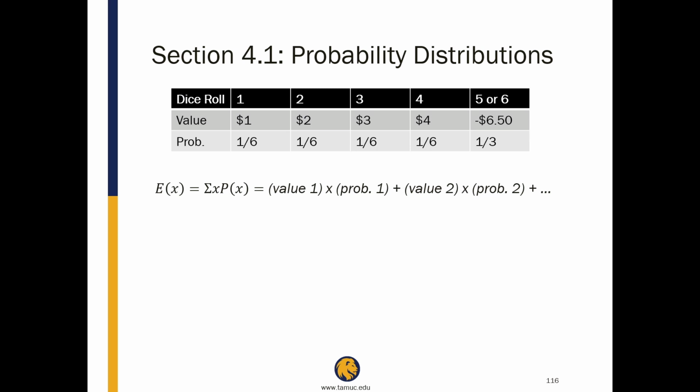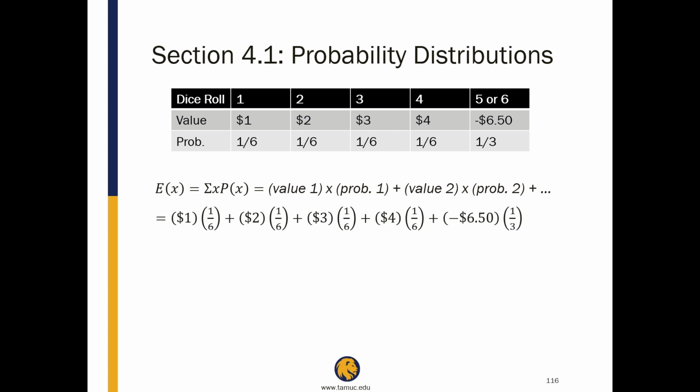The dice rolls and the respective values to go with it and probabilities. And so we'll go through, we'll multiply values times probabilities and add them up. So $1 times 1/6, $2 times 1/6, plus $3 times 1/6, plus $4 times 1/6, plus -$6.50 times 1/3. This comes out to be equal to -50 cents, -0.50.